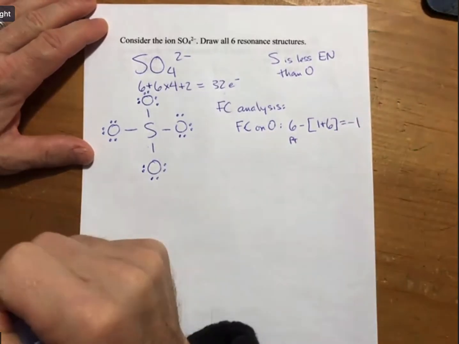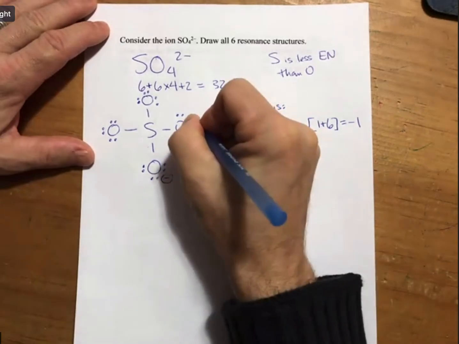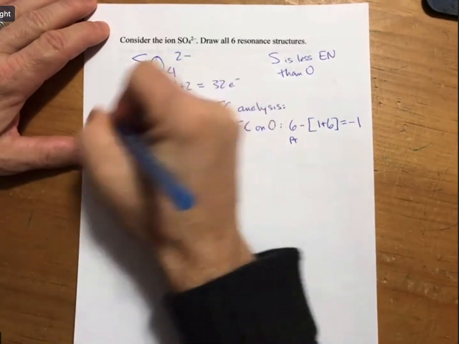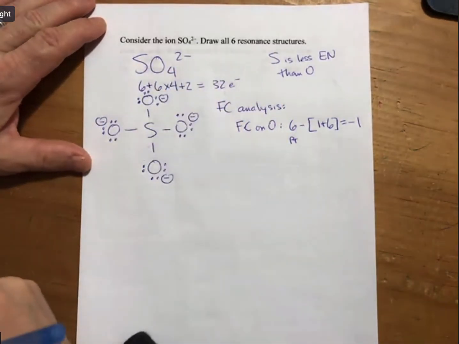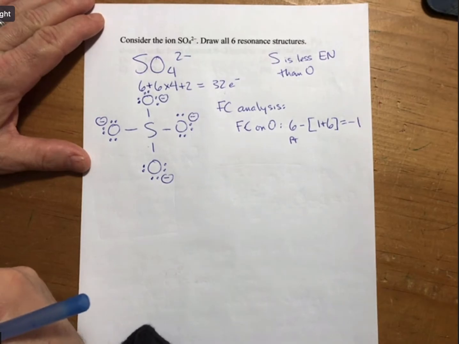So we get a -1 formal charge. This one's the same, this one's the same, this one's the same, which is a total of -4 so far.